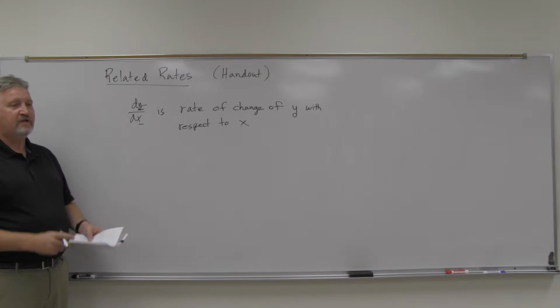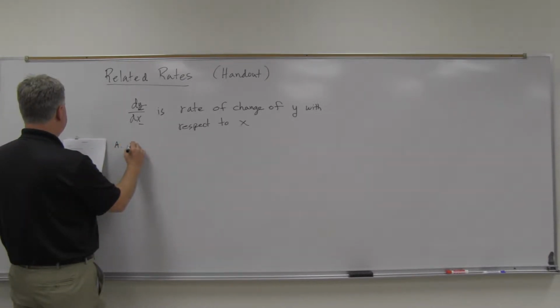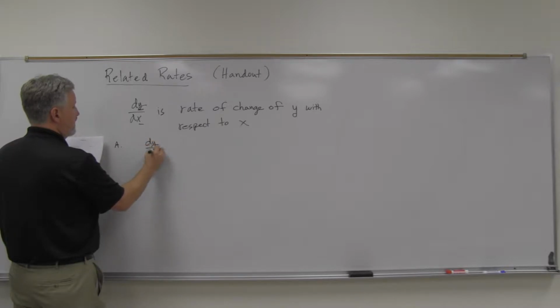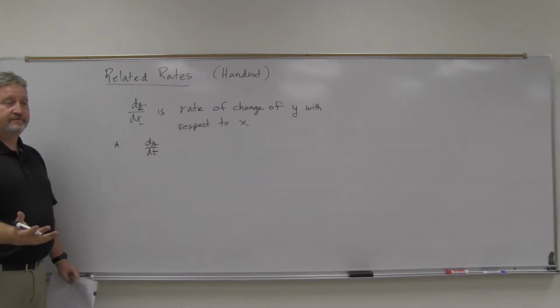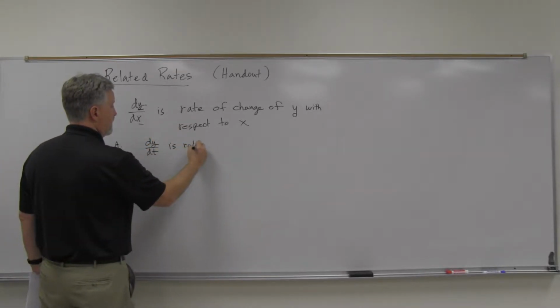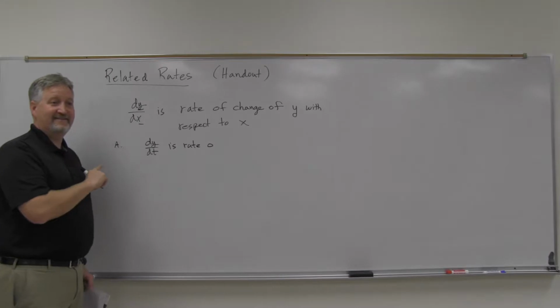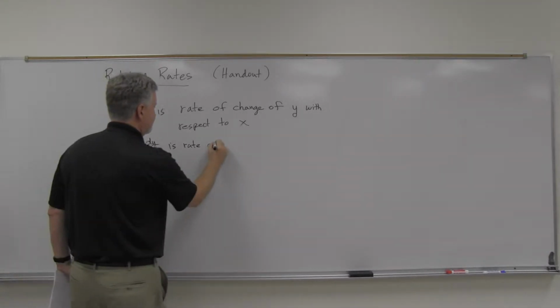Well, so the next thing, a there, if t is the time, then dy over dt represents the rate of change of y, but not with respect to x, with respect to t, with respect to time.